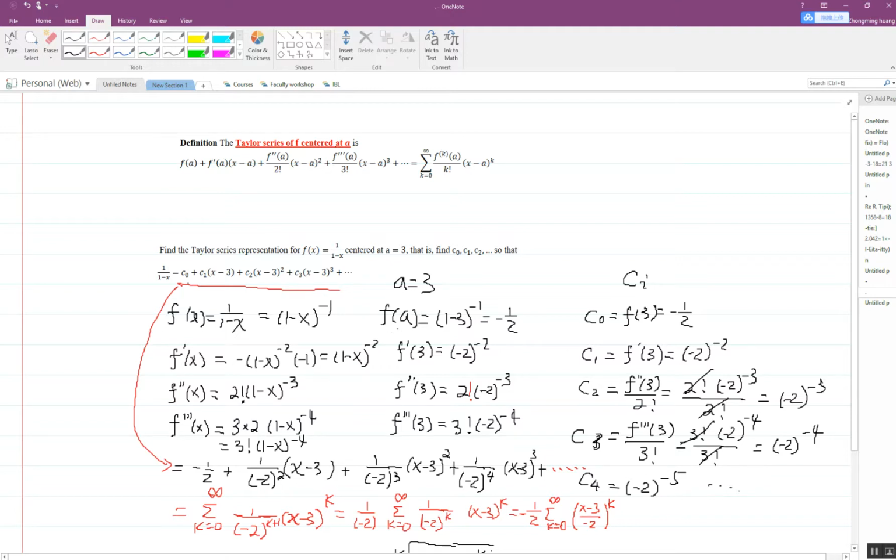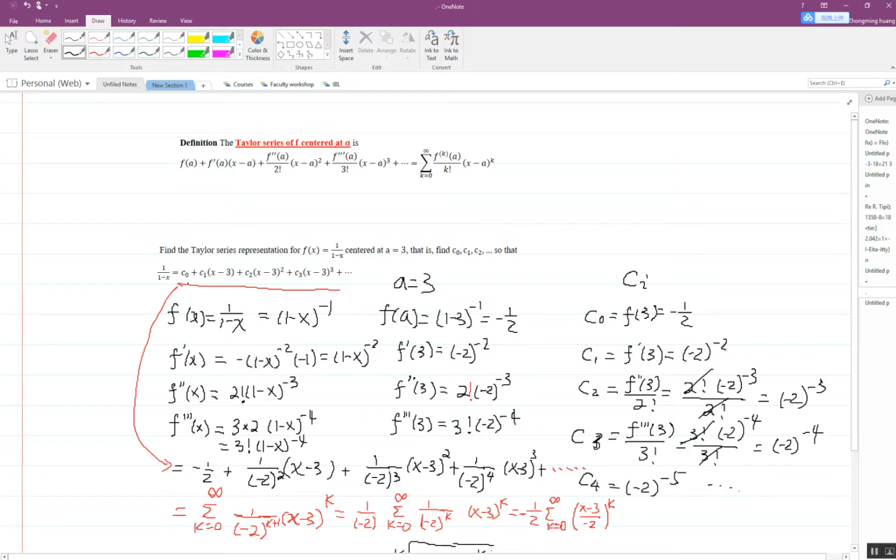Now the second column that I have here is to compute the derivative at a. In other words, in my formula, I'm computing all these values in my second column. So f of a would be, plug in 3 here, 1 minus 3 raised to the power negative 1, which is negative 1 half. And f prime at 3: plug in 3 in this derivative, and you get negative 2 raised to the power negative 2.